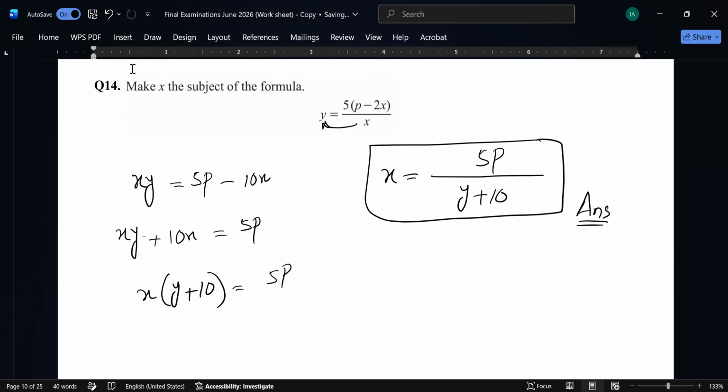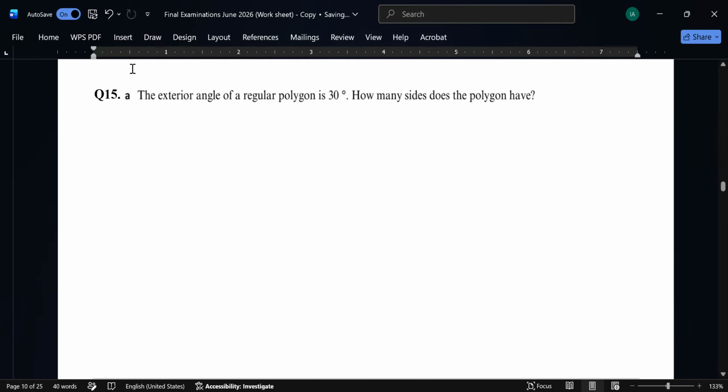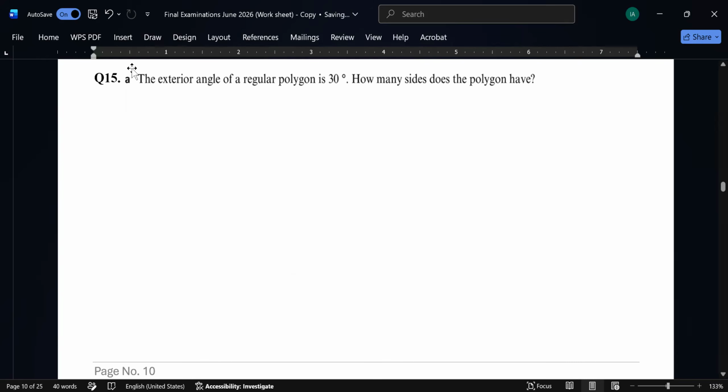Okay, let's take the next question. The exterior angle of a regular polygon. Okay, the formula of the exterior angle is 360 divided by n.